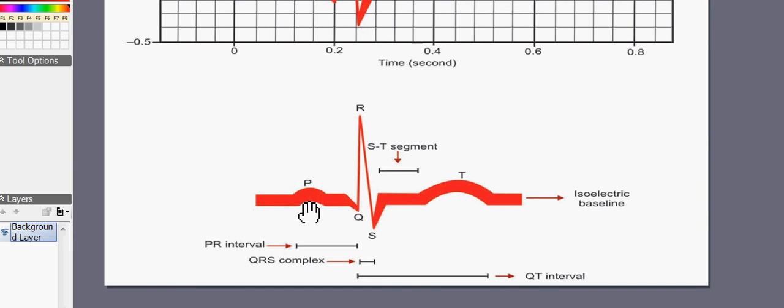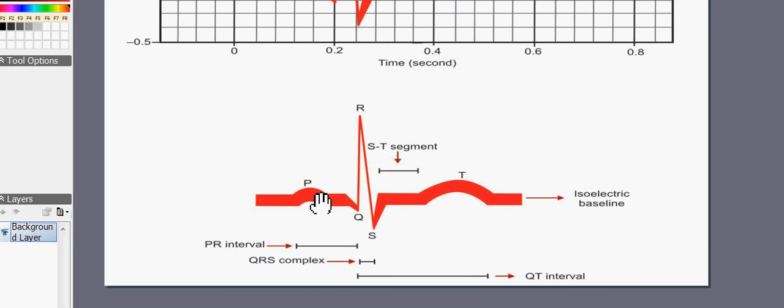So now we'll come to know about the clinical significance of this wave. There are several kinds of diagnosis we can make using the P wave. For example, this is the normal P wave.